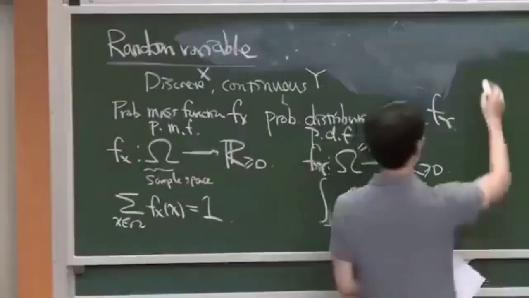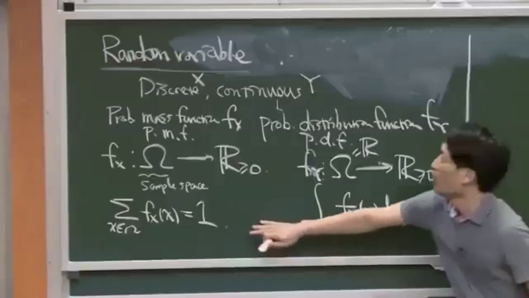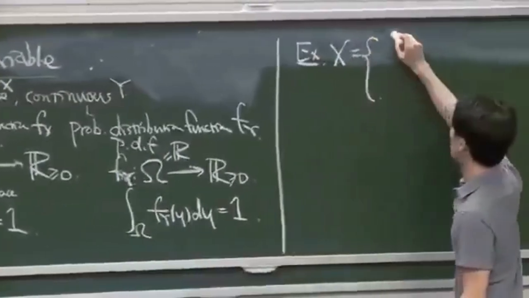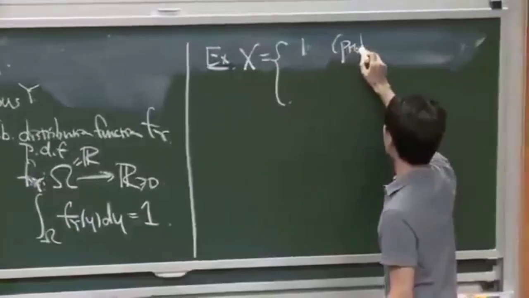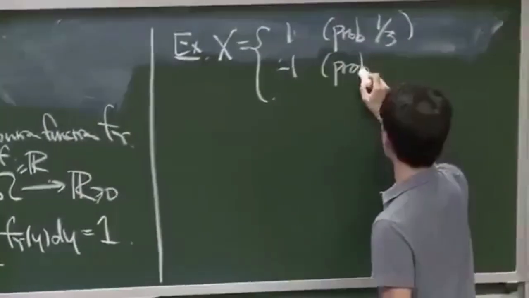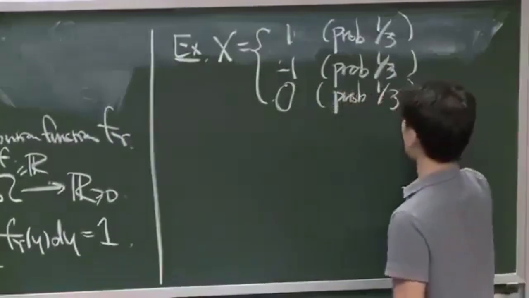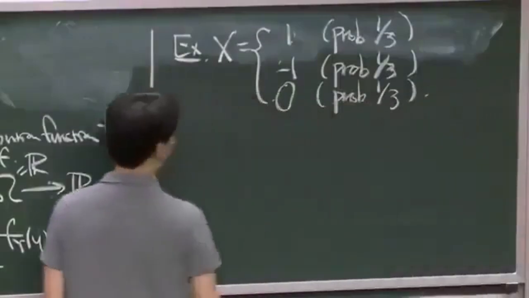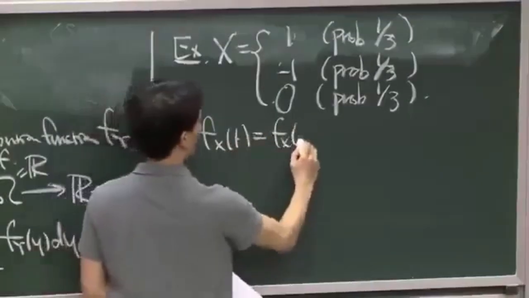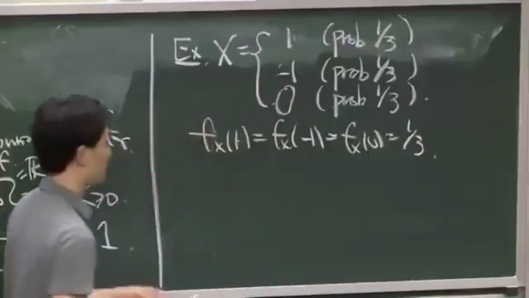Okay. And then, for example, probability mass function: if X takes 1 with probability 1/3, minus 1 with probability 1/3, and 0 with probability 1/3, then our probability mass function is f_X(x) = 1/3 for x in {1, 0, -1}. Just like that.